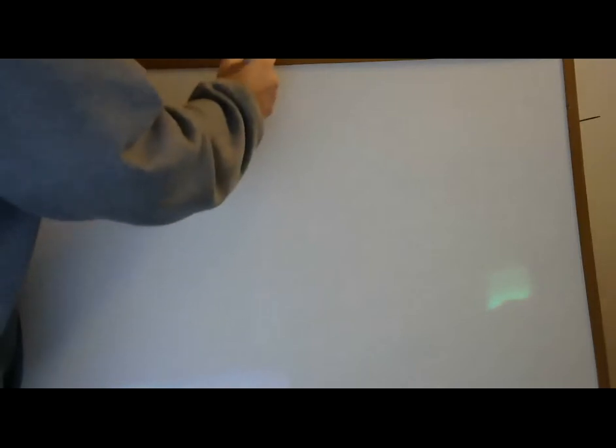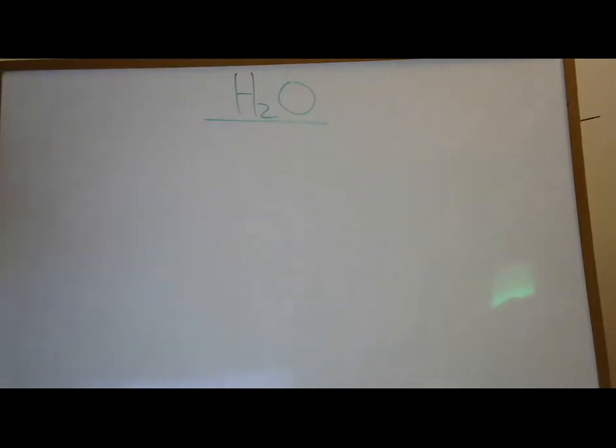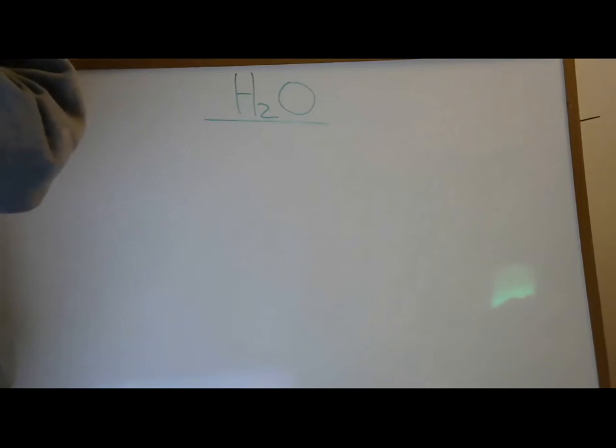So H2O. I'm going to give you 30 seconds to figure out how many valence electrons it has. So what group is hydrogen in?